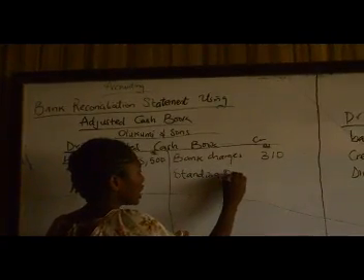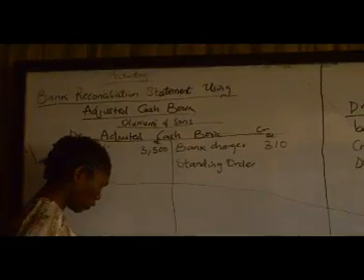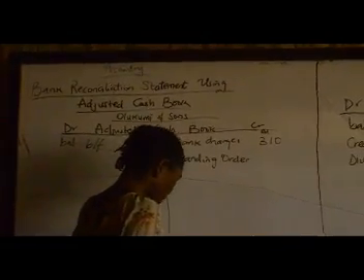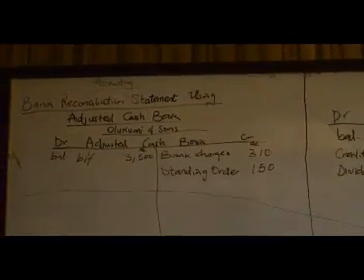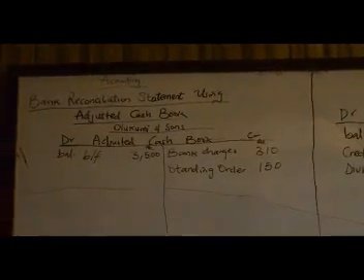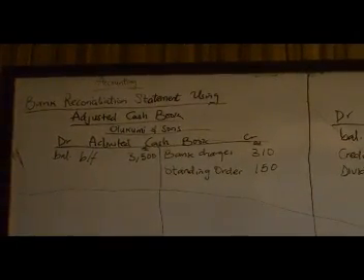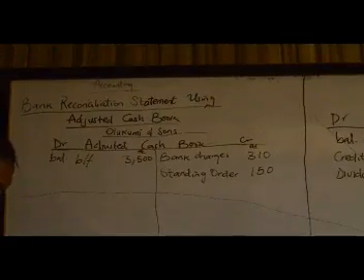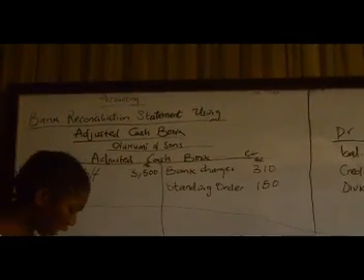A standing order for 150 naira. Okay. So a standing order for 150 naira. The next one we have is, okay, the following checks were drawn but not yet presented for payment. That's unpresented check. So we're going to be leaving that aside.